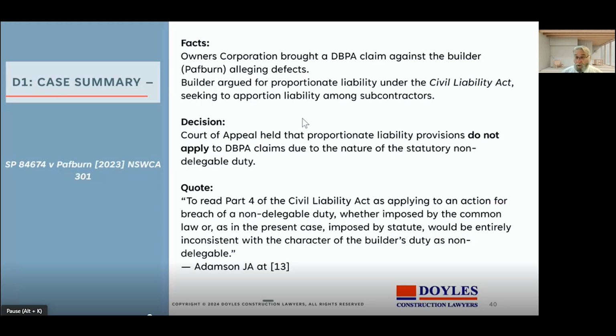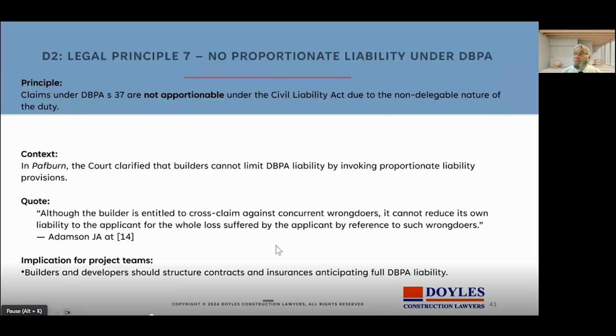So you pay the whole lot and you get what you can back from the carpet layer if he was to pay. So it's an important aspect to say it's a non-delegatable duty. It's not consistent with the character of the builder's duty as non-delegatable. So they're saying, no, you're stuck with it under this Act and you can't get rid of it by passing it on.